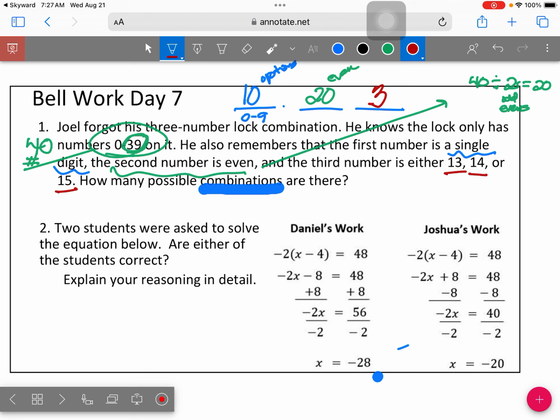What do I do with these numbers to figure out how many possible combinations there are? Multiply, yes. So 10 times 20 is 200. 200 times 3 is 600. 600 combinations. Did anybody happen to have 600 before we got there? Very good. Excellent. Does it make a little bit more sense now for those of you that didn't have 600?